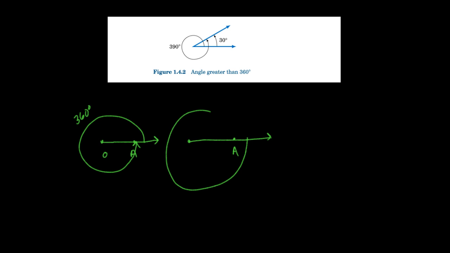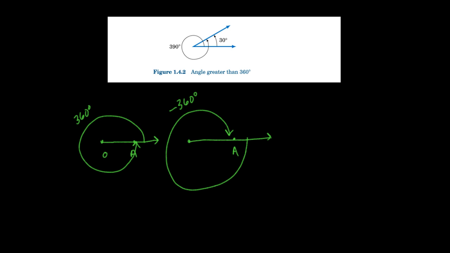Full angle, we start at OA. One full revolution is 360 degrees. Okay? If you went the reverse of that, start at ray OA, and did a revolution of 360 degrees, that would be negative 360 degrees.